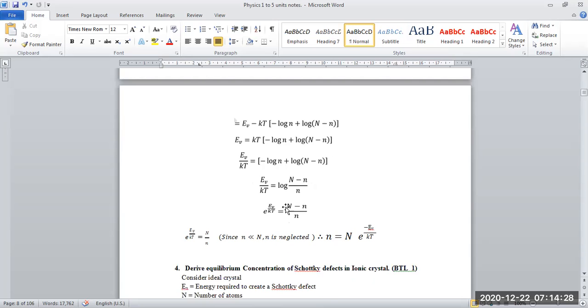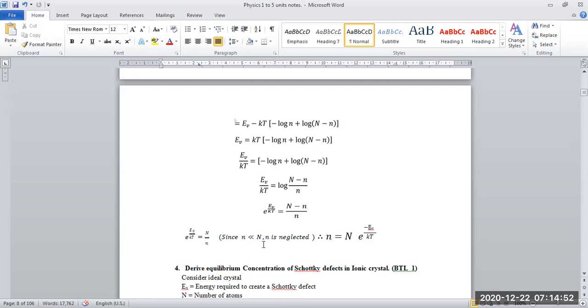So now see what we have written here: e to the power of EV by KT is equal to capital N minus small n by small n. When I compare the number of atoms which are defective in the metal, it is very much less than the total number of atoms.